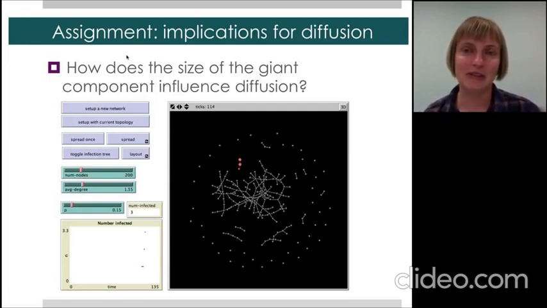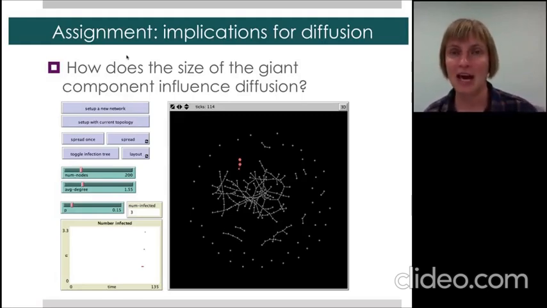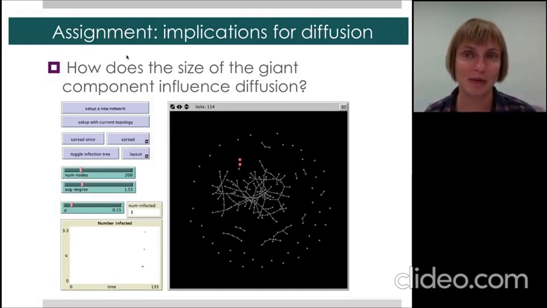We're going to look at these different models and you're going to be able to tell what the effect of the different growth mechanisms is on the ability for an infectious agent to spread. This infectious agent could be a bacterium, it could be information, and you're going to look at different aspects. The first is the distribution of component sizes in the network and how this impacts how far the virus, for example, can spread.